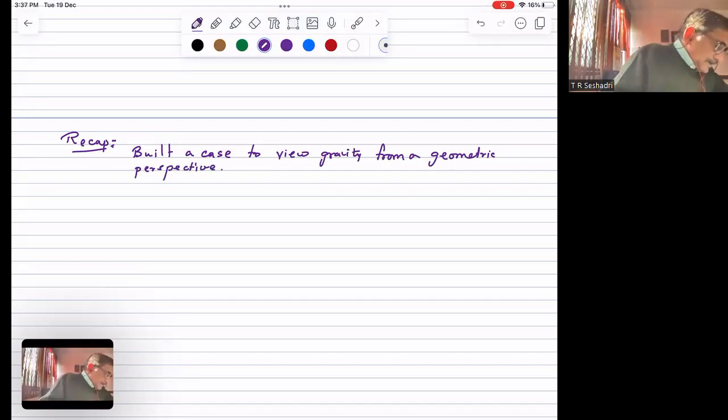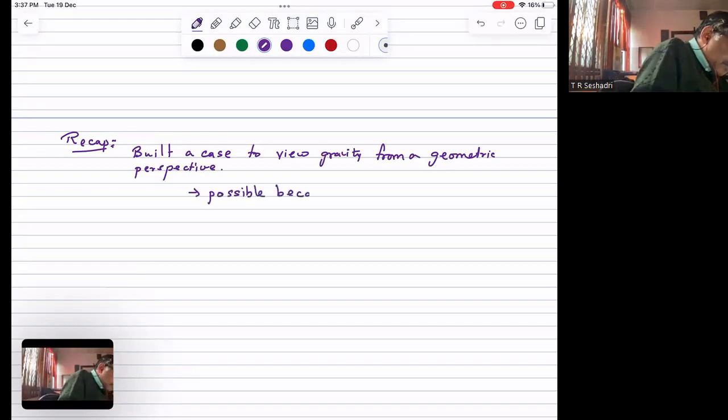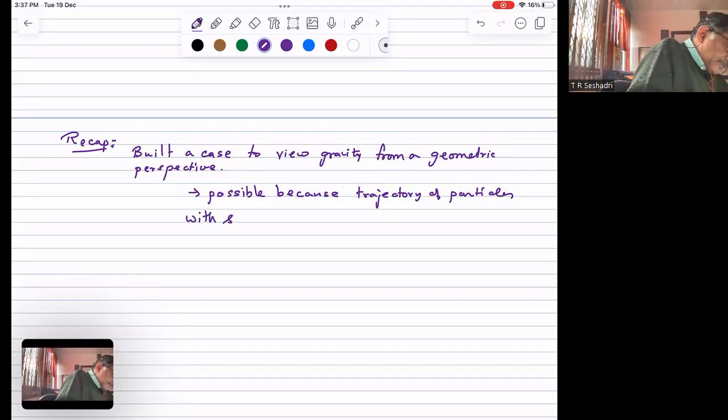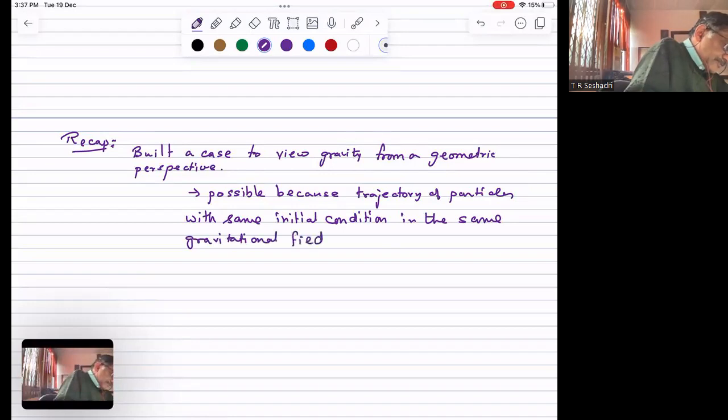And the reason why it was possible was that the trajectory of particles with the same initial condition in the same gravitational field are identical.